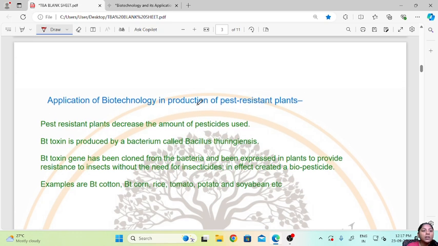Then talking about the applications of biotechnology in production of pest resistant plants. Earlier, we used to use pesticides and different chemicals to spray on our crop so that we could protect it from pests. Now pest resistant plants decrease the amount of pesticides used.